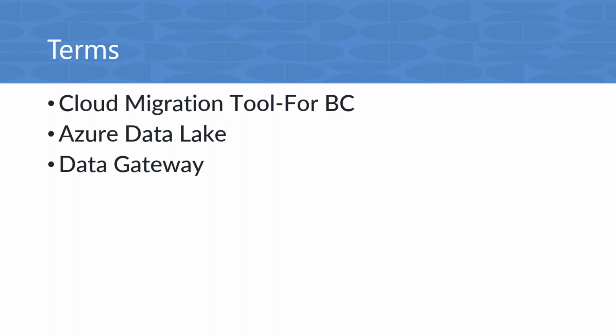But what is this cloud migration tool? I think that's a key part to this. What does this do for you? Basically, it's a tool or a set of tools to assist in moving GP, and it actually has some stuff for SL and things like that as well, moving it from on-premise to Business Central into a data lake.